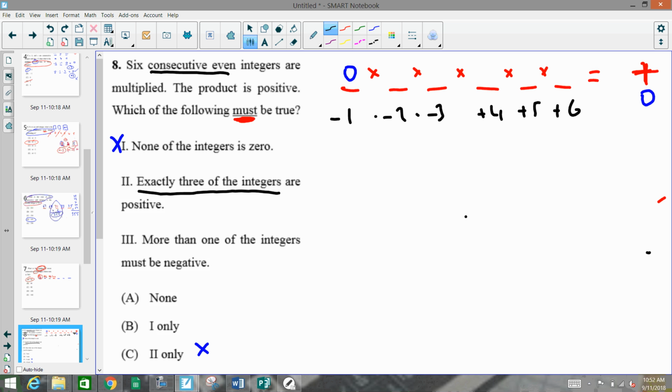Consecutive even. Tell me, I'm thinking loudly. Start from negative. For example, -6, -4, trying to fit the definition, all right? -2, and what is next? It doesn't matter how you put it because if it's three negatives, it's always going to be negative.